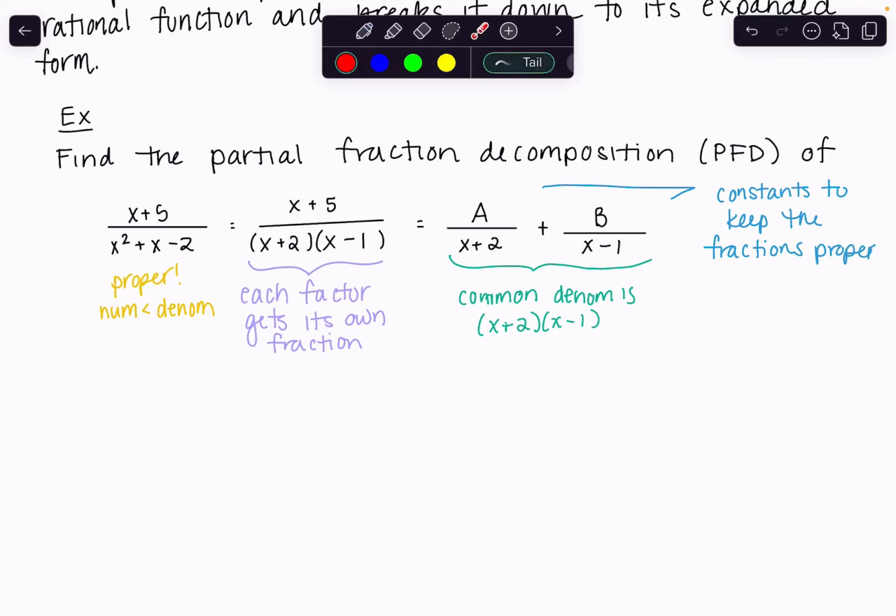Okay. So again, this is my setup. If I add these two things together, it would condense into this fraction. But I need to figure out what numbers to put in place of A and B. So now we need to figure out those values.